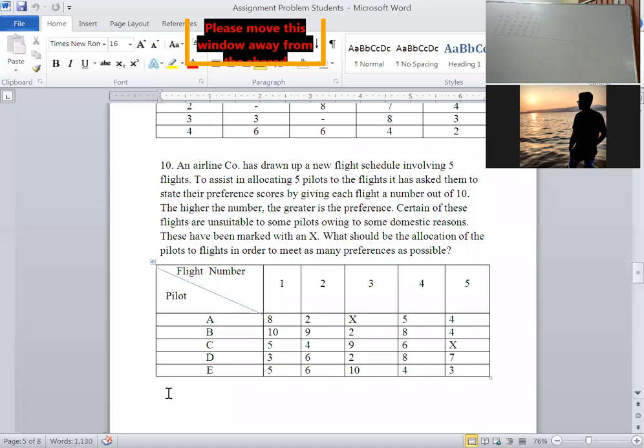Okay. Here what I told, the higher the number, the greater the preference. That means it is giving maximum efficiency. That's why the given problem is of maximization. Then for a maximization problem, what procedure do we have to follow? In the earlier problem, blanks were given. Here instead of blanks they have given crosses. That means these are not assigned.